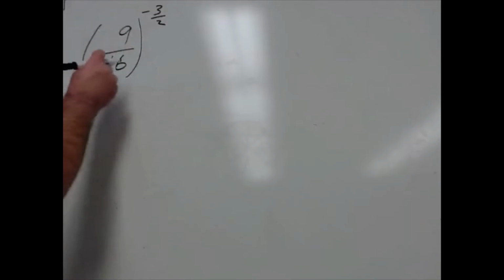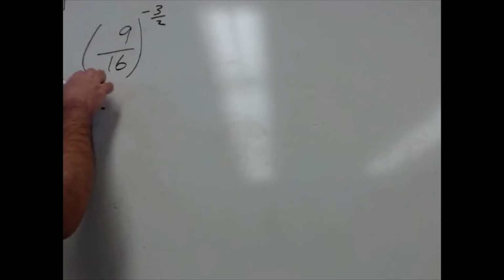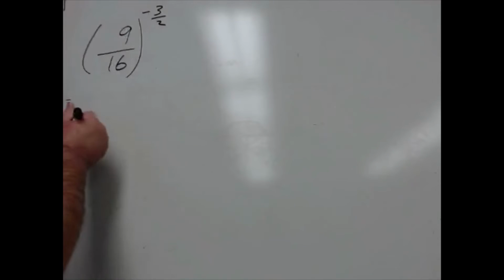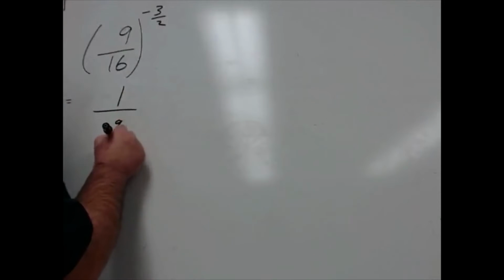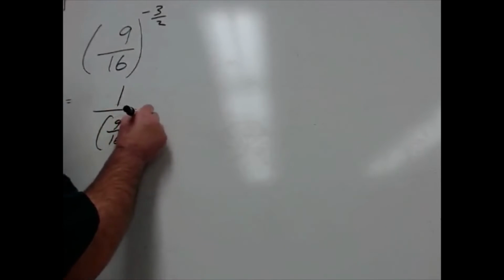I'm going to do it the long way first, and then show you the shortcut after. Having a negative exponent here means that this whole thing just ends up going in my denominator with a positive exponent. So this really is 1 over 9 over 16 to the positive 3 over 2.